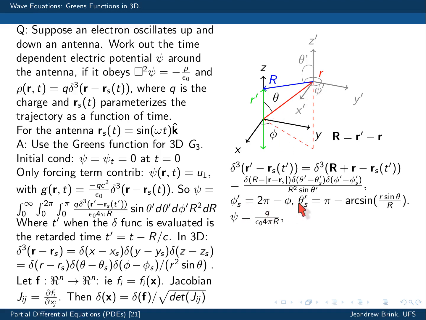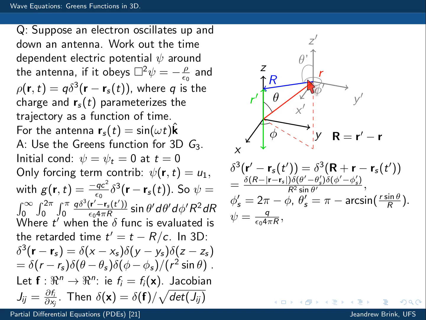Your psi s, or theta s, is basically this angle. You can compute it using the cosine rule, and you get the sine of theta over r is equal to this angle over little r.